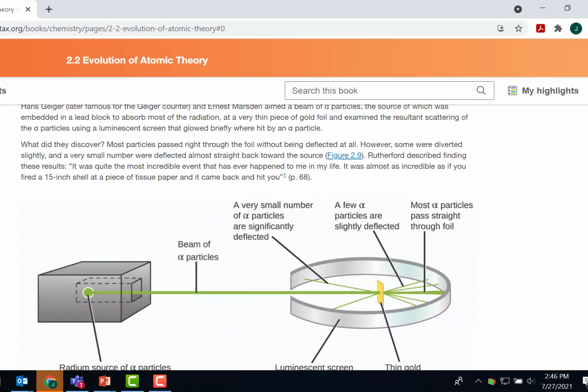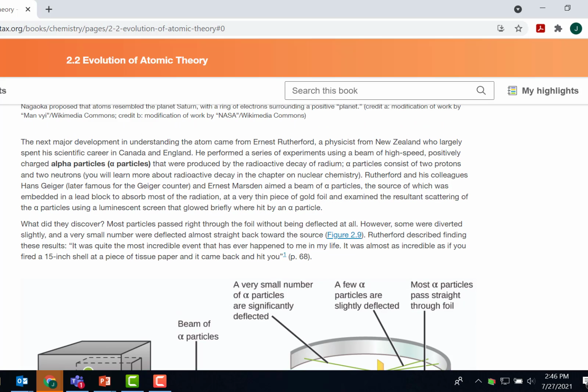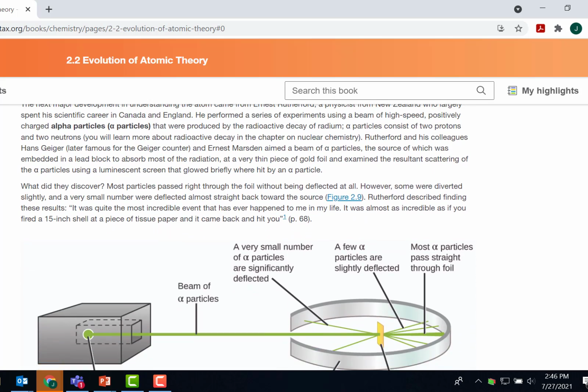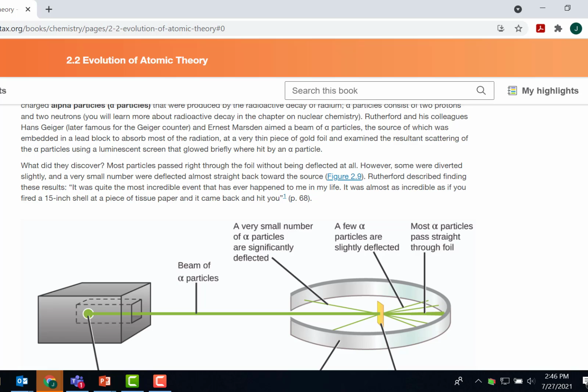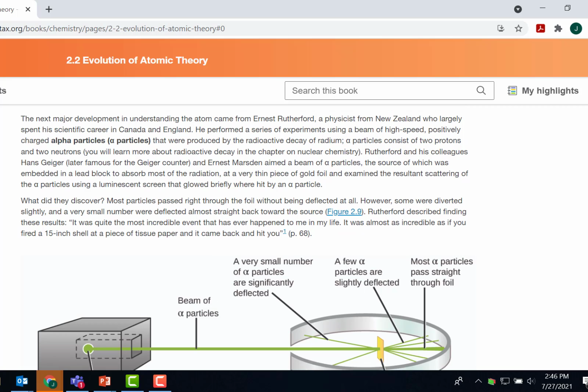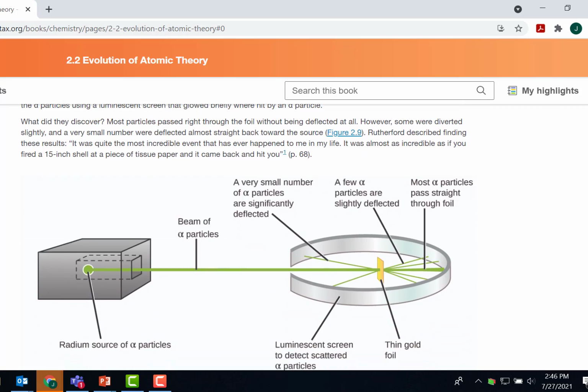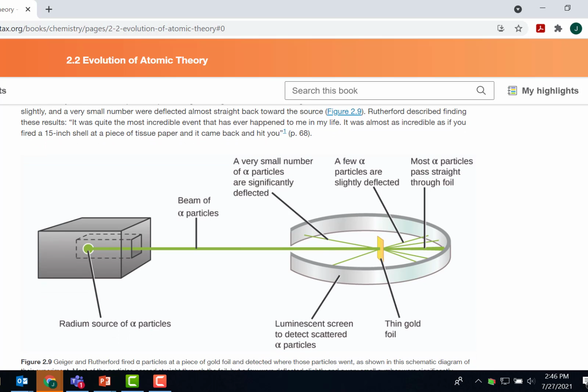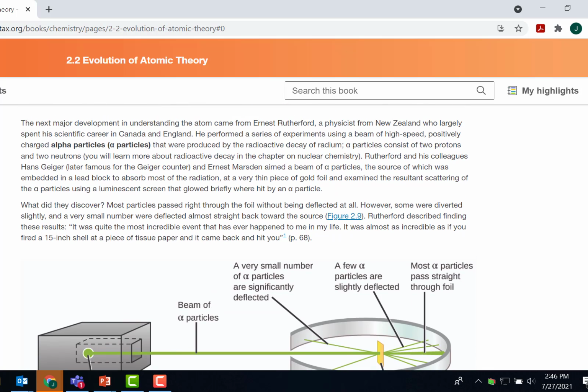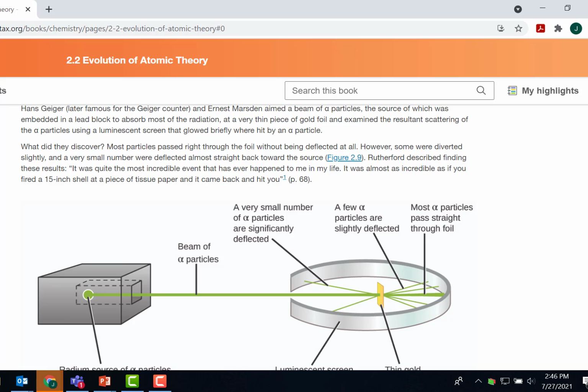Okay, so the next experiment, again, you don't have to remember all these people and all of the details, just kind of associate each experiment with, what does that tell us about atoms? It involved alpha particles, and we don't have to know all the details of alpha particles right now. We'll get into that next semester. But essentially, alpha particles are fairly massive.